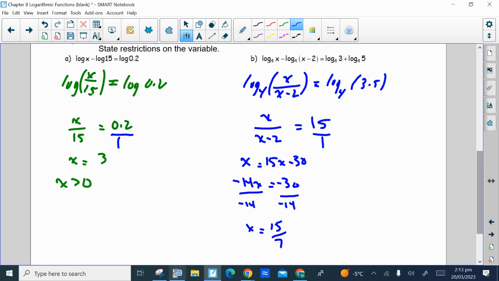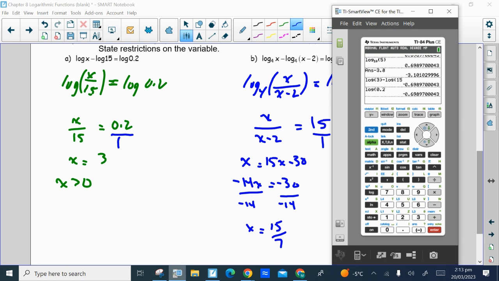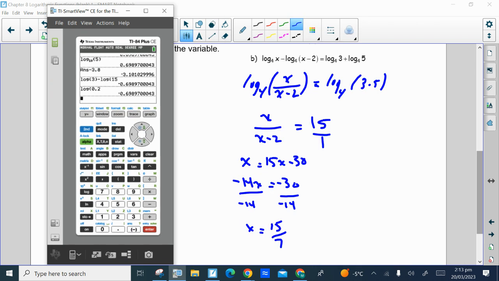So we can check this using our calculator. If you don't have the newer operating system, then you have to use the change of base for each term. But in this case, I will just use my log function.